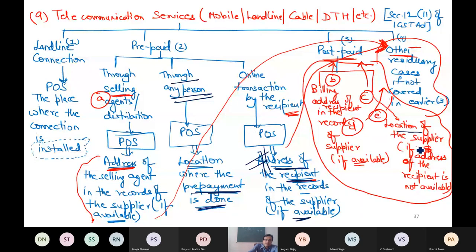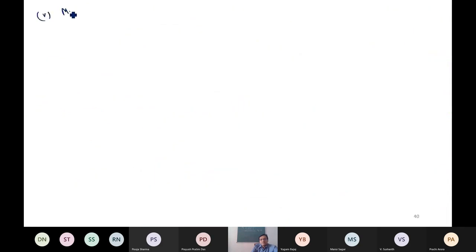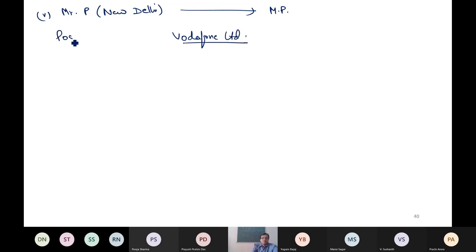So by default, if any case of postpaid comes, for example, Mr. X, Mr. P, New Delhi, postpaid, when I was in MP, Vodafone, postpaid. I paid my bill, or not myself, let me say that I asked my friend in postpaid.